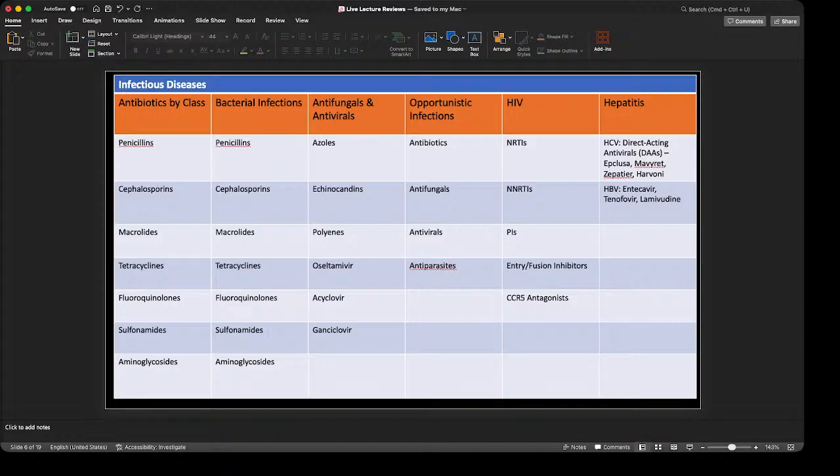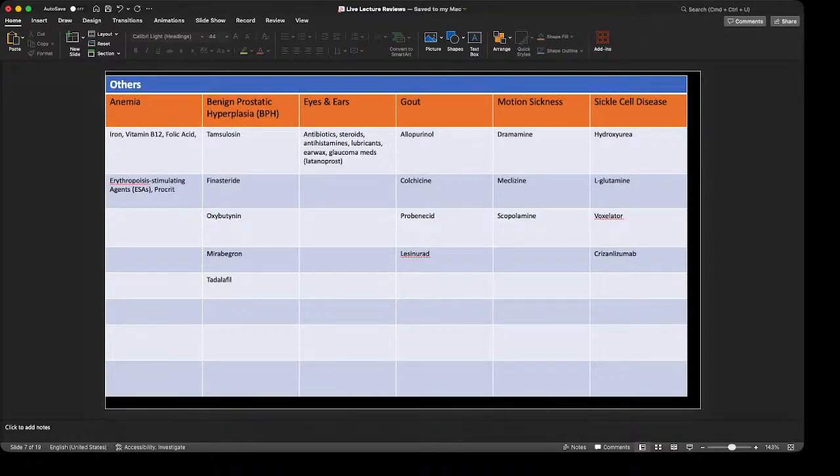Okay, let's move on. The next one here is anemia, BPH, eyes, ears, gout, motion sickness, sickle cell disease. When it comes to motion sickness, Dramamine, scopolamine, meclizine, those are important, so know those.